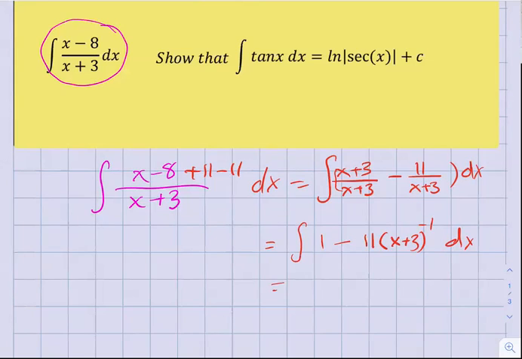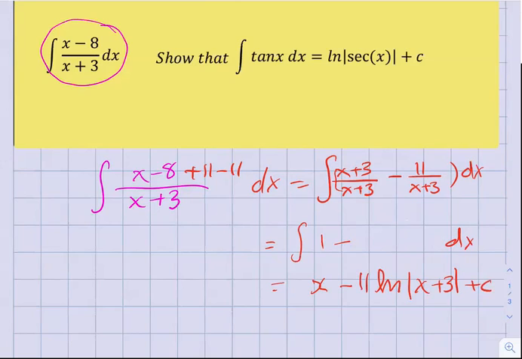So the integration of 1 is x, then minus, here you deal with the power minus 1, and you will do it like, no, actually we can't do this, sorry. This is going to be ln, so it's 1 over, it's 11 ln, so it's minus 11 ln x plus 3, plus c.